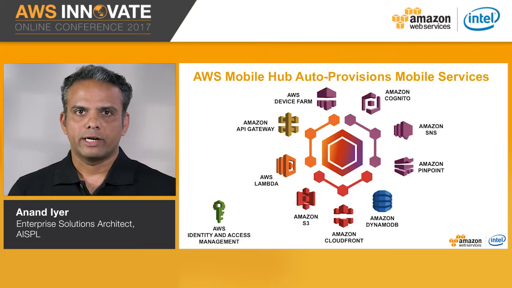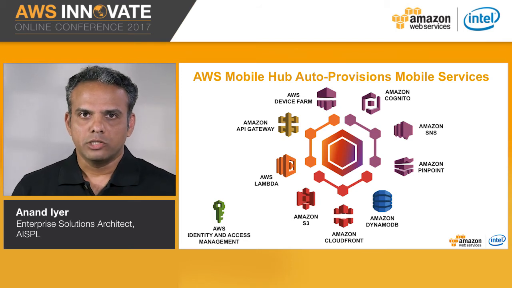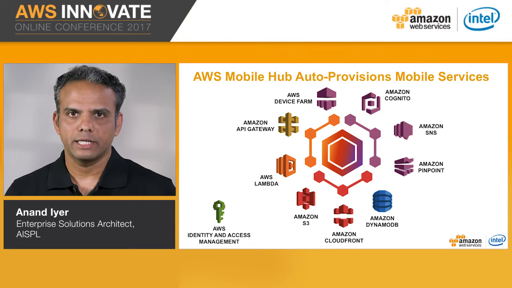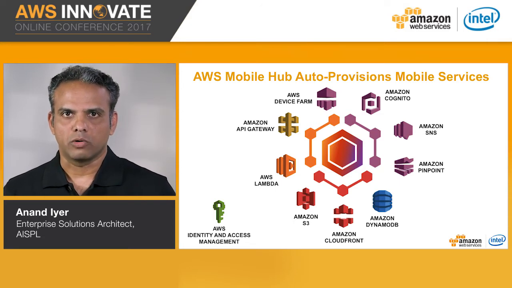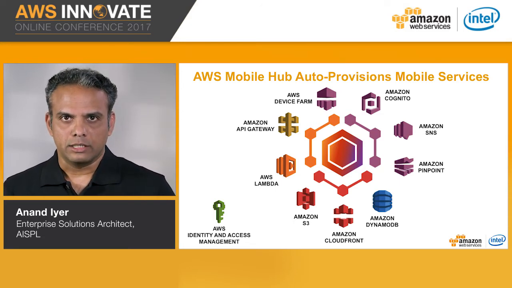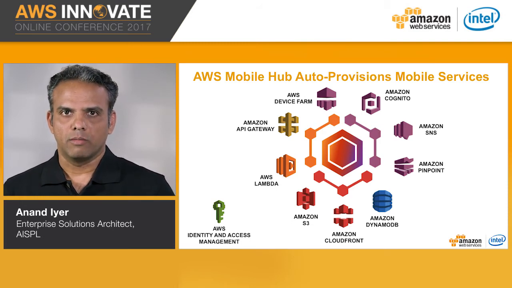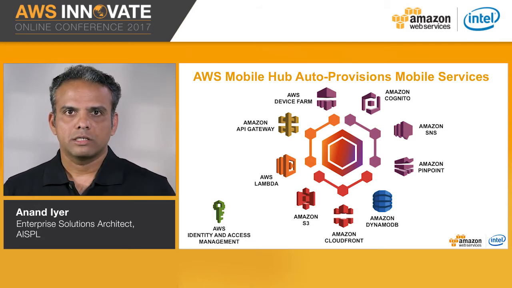Amazon Cognito Federated Identities enables you to create unique identities for your users and authenticate them with identity providers. With an identity, you can obtain temporary limited privilege AWS credentials to synchronize data with Amazon Cognito Sync or directly access other AWS services.